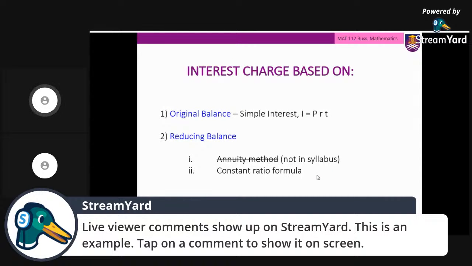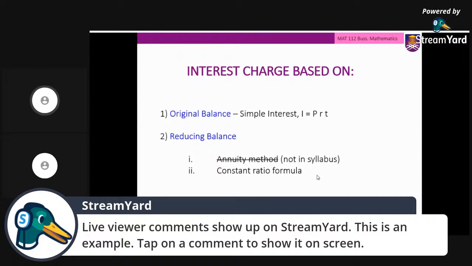Basically dalam installment purchase ni kita akan tengok calculate interest. So ada two methods. We have original balance and reducing balance. Kalau original balance, we use simple interest punya formula which is I equals PRT. And for reducing balance, we have two methods: annuity and constant ratio.